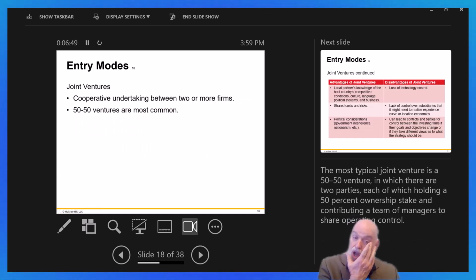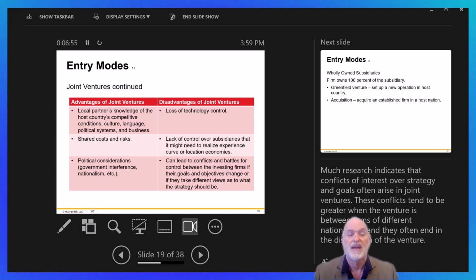Joint ventures. A joint venture is a cooperative undertaking between two or more firms; 50-50 ventures are most common. The advantages of joint ventures include local partners' knowledge of the host country's competitive conditions, culture, language, political systems, and business.